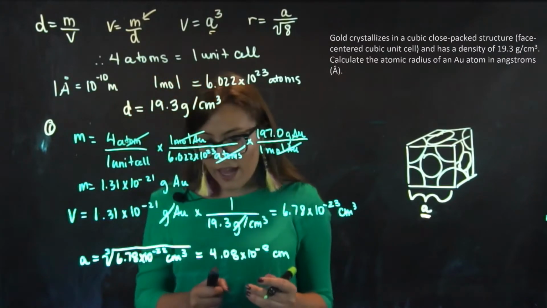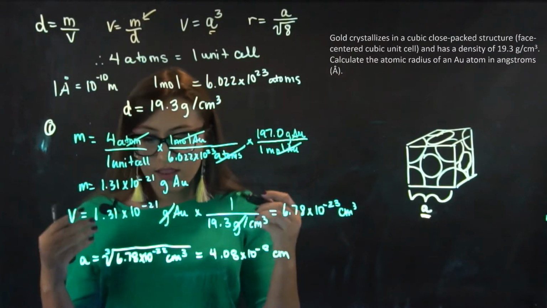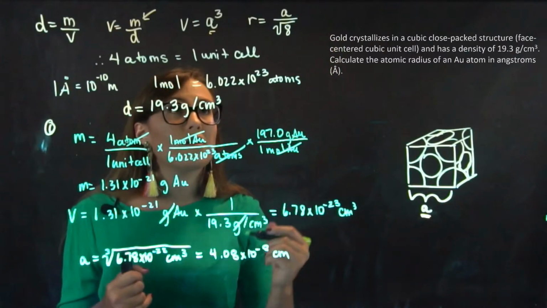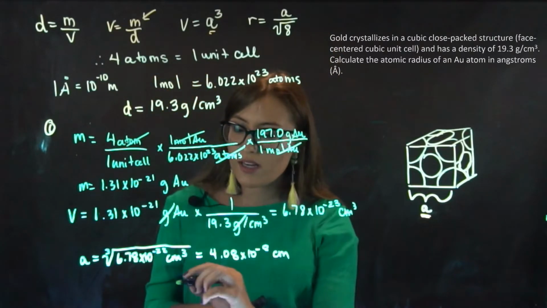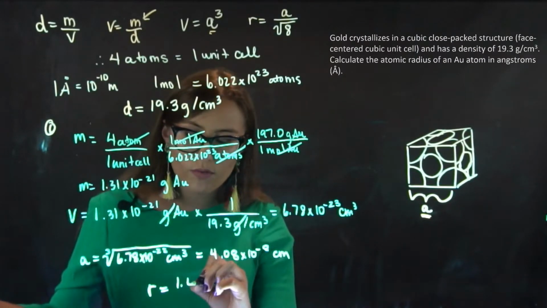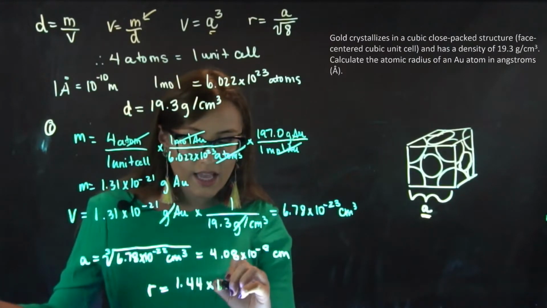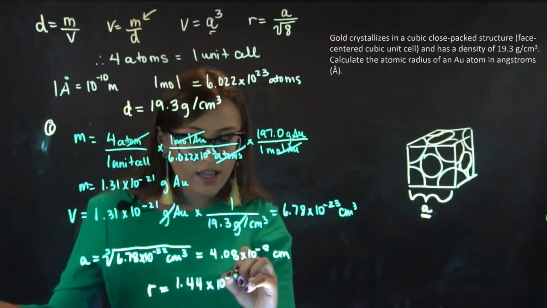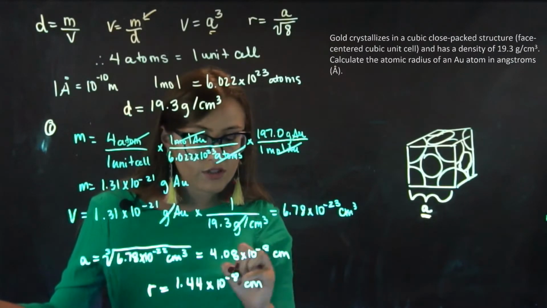Once we do that, we can then plug A into the following formula to determine the radius. And so the radius, after we plug it in, is going to be R equal to 1.44 times 10 to the negative 8 centimeters.